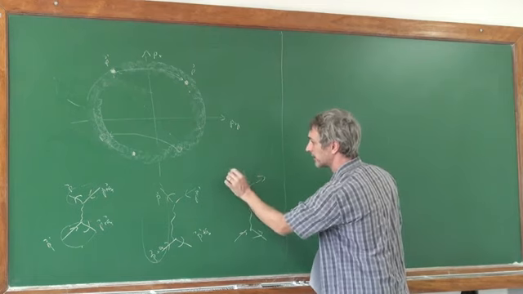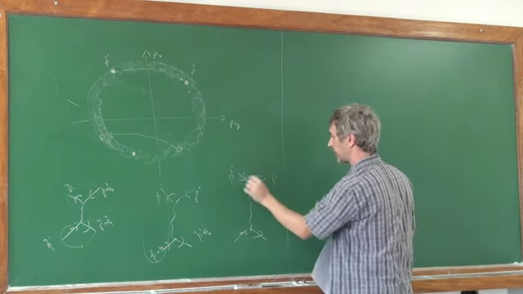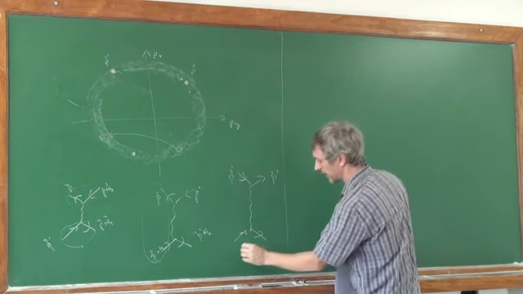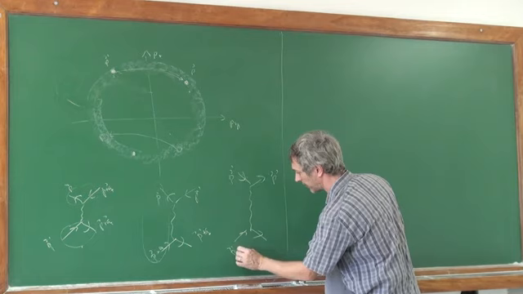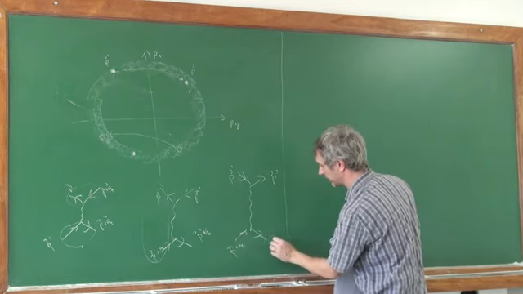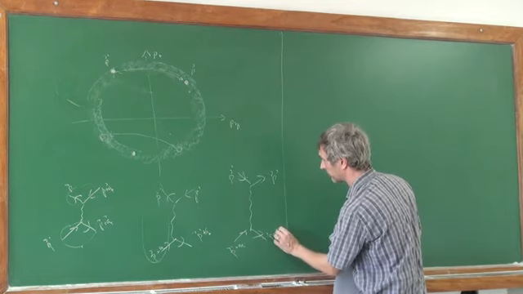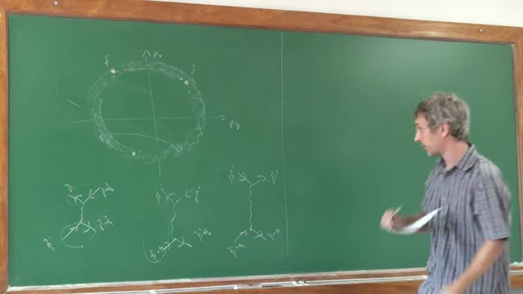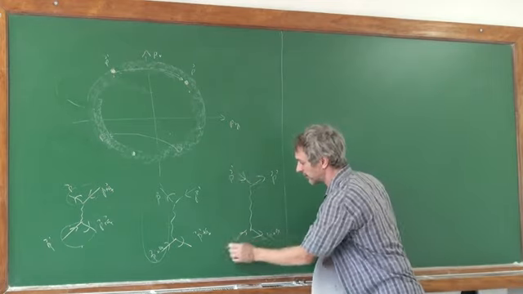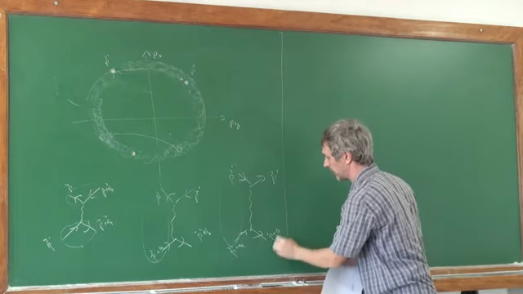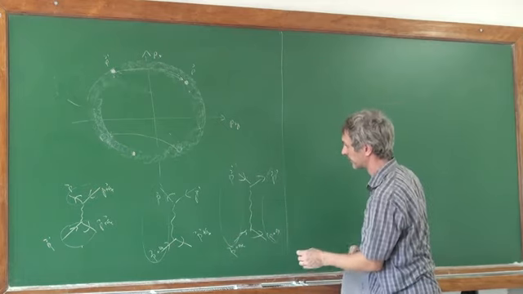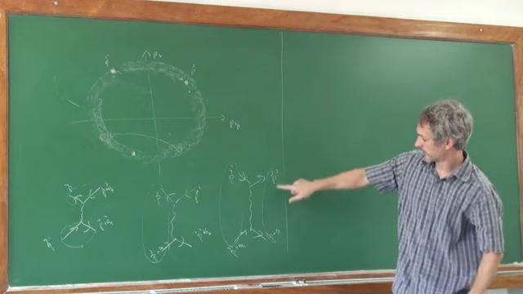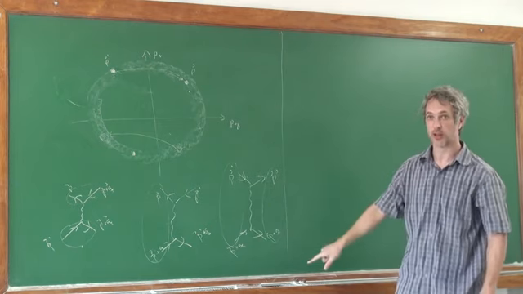So you have a P being scattered, or some P prime scattered into some P. And then you have some close P prime plus Q being scattered into some P plus Q. Okay? So now you have these momenta are close by in momentum space. So this would be the Cooper channel.